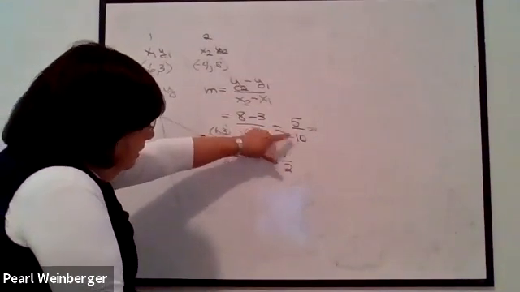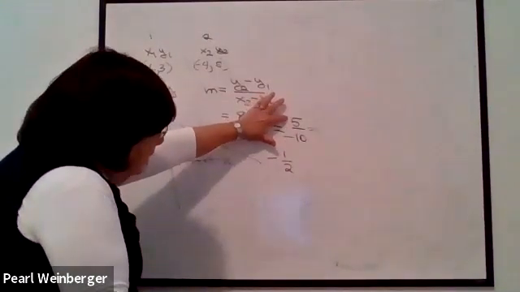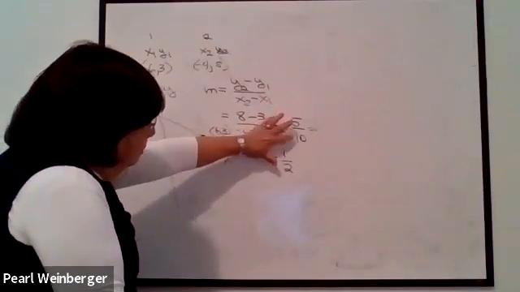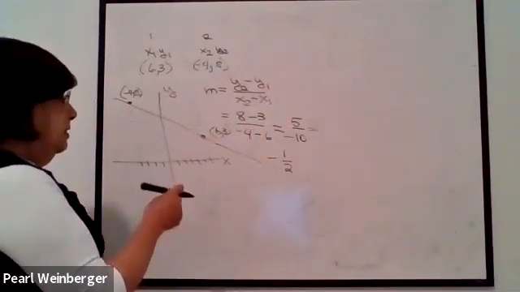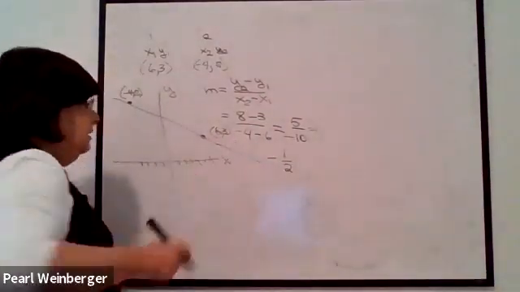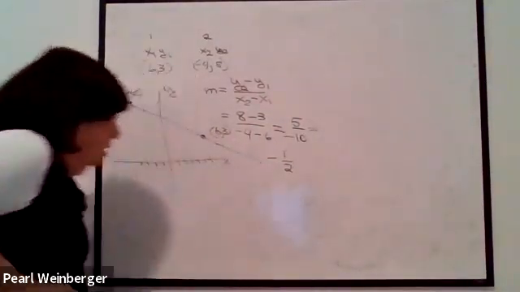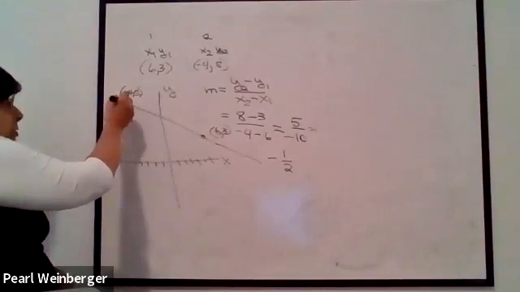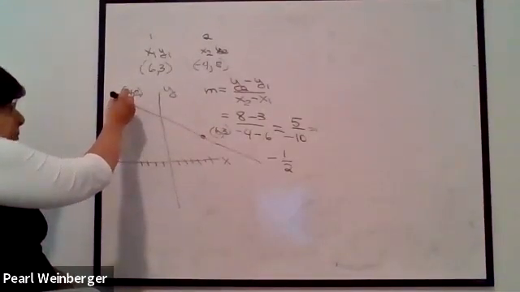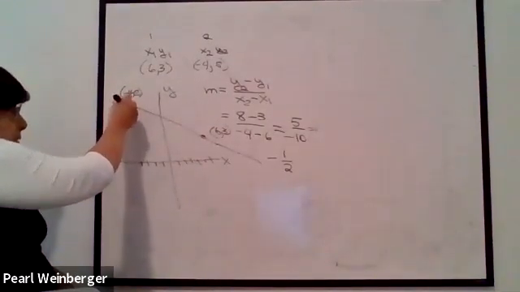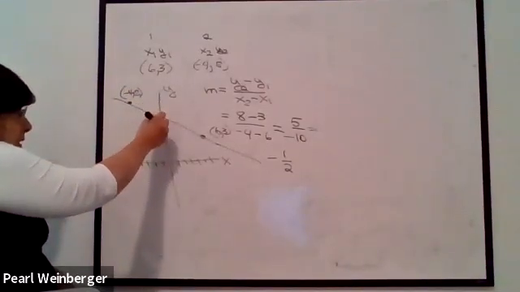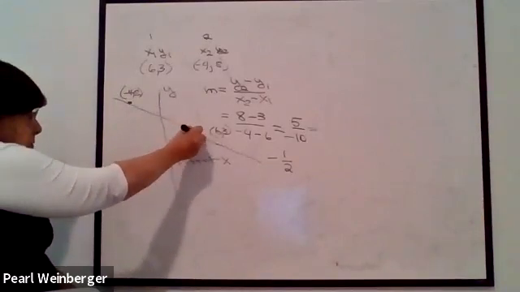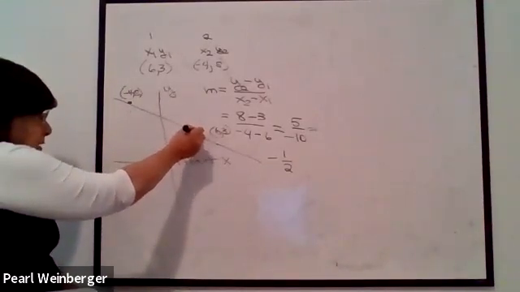A negative in a fraction can be on the top, on the bottom, or in the front, and it means all the same thing. The slope of this line is negative 1/2, which means that if I started at this point, I could go down 1, 2 to the right, down 1, 2 to the right, down 1, 2 to the right, down 1, 2 to the right, and I'll eventually get over here.